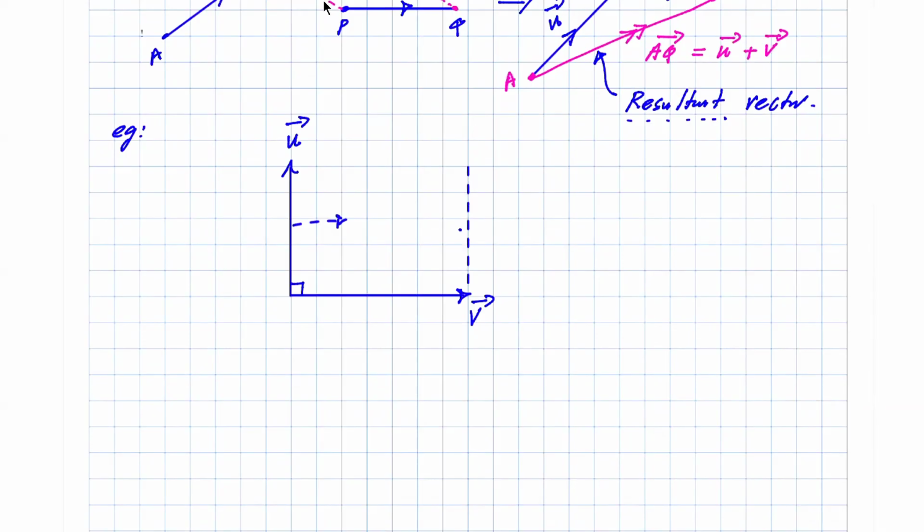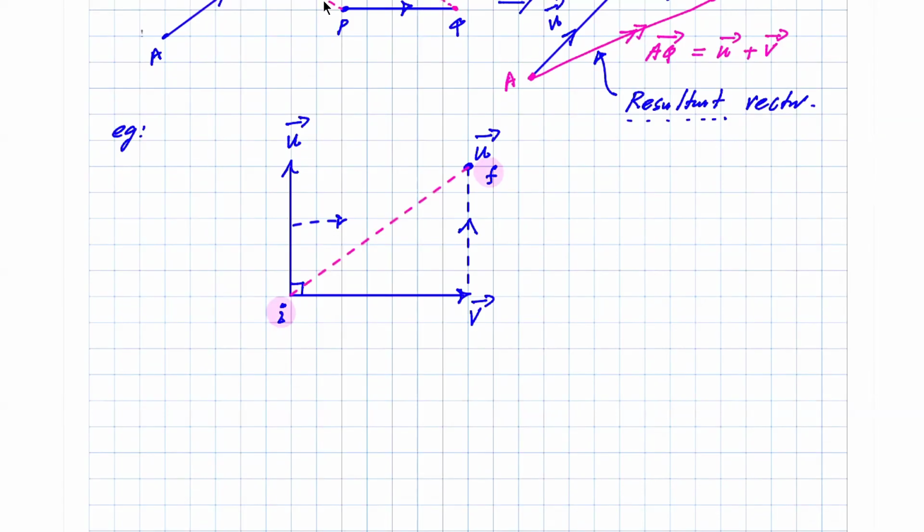Still this is U vector, so then we can use the vector addition. You will see initial point is here, final point is here. So the resultant is going to be from initial to final. So the resultant is from here to here.